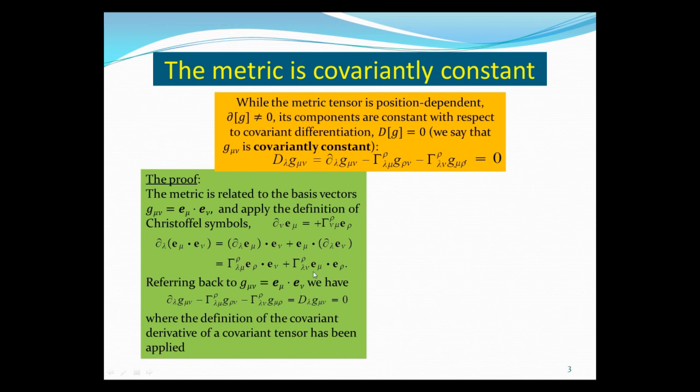We'll get this, and then we go back to the fact that the product of the basis vectors is just the metric. So this is the derivative of the metric, and this is the Christoffel symbol multiplying the metric. Move it to the other side, get a minus sign, same way for this. You know this combination is precisely the combination for the covariant derivative of the metric, and this is equal to 0, so the covariant derivative is equal to 0.